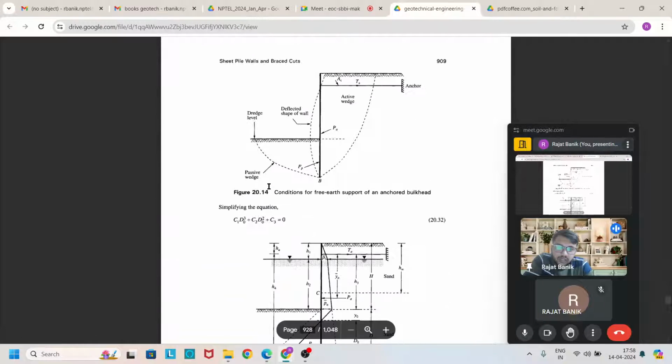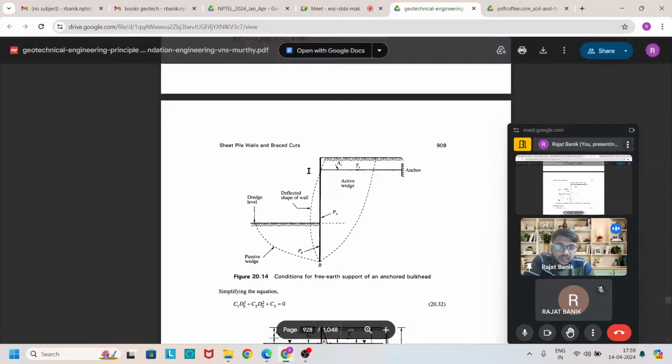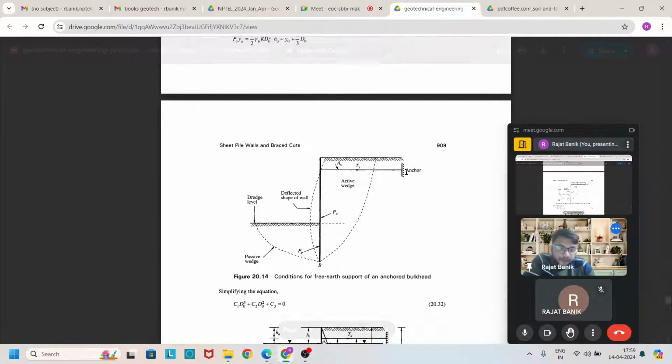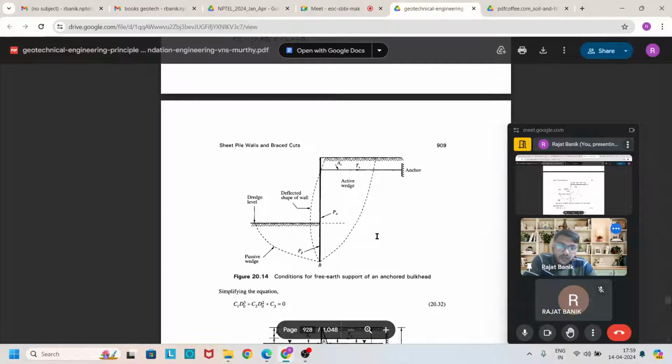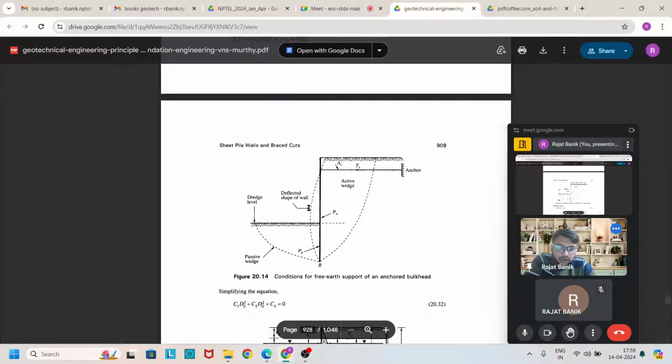One sheet pile is driven and this sheet pile is attached with a rod, anchored somewhere with a fixed support driven in solid soil to prevent failure, and this arrangement is called the anchor sheet pile or anchor bulkhead.